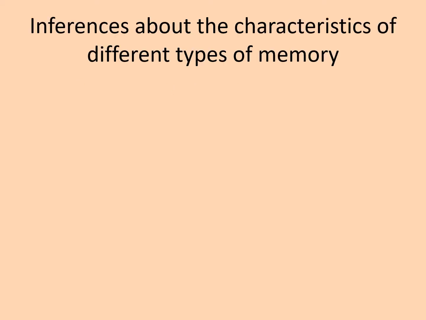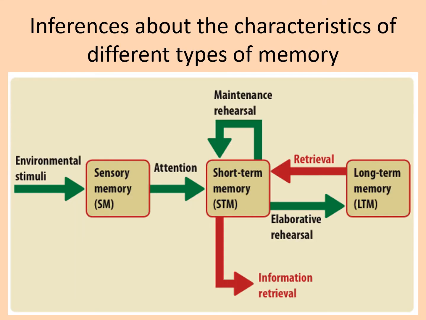And so for example, we make inferences about the characteristics of different types of memory. So if you've done the memory unit, you will know that this model shows the multi-store model of memory, which is a linear model, starts on the left hand side where it says environmental stimuli, and it shows how information flows through the cognitive system, which is your brain, to be transferred into different types of memory and eventually long-term memory.